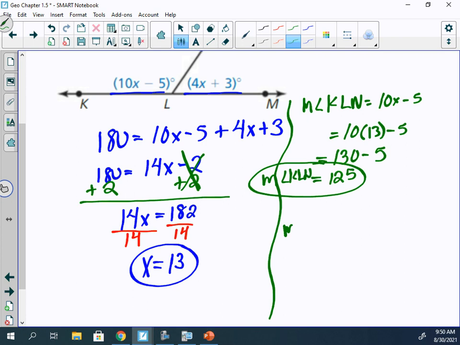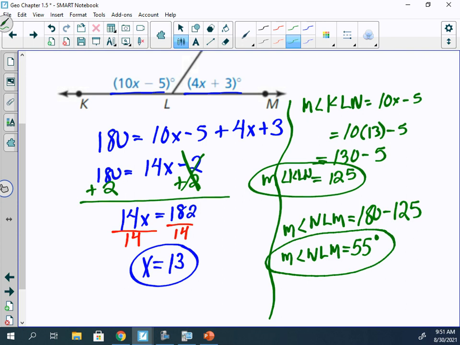Well, the measure of angle NLM. Well, what's the whole thing? What was the other angle? Because those two angles added together to give me 180, yes?